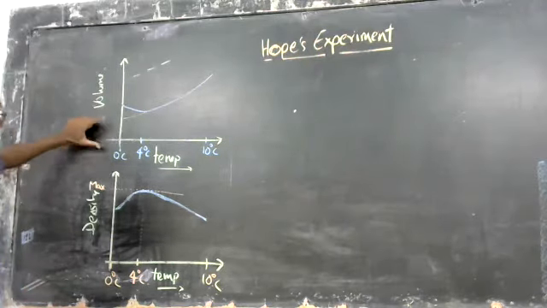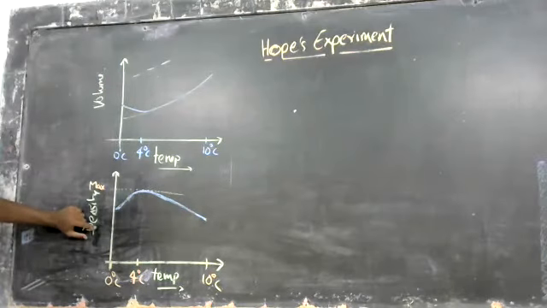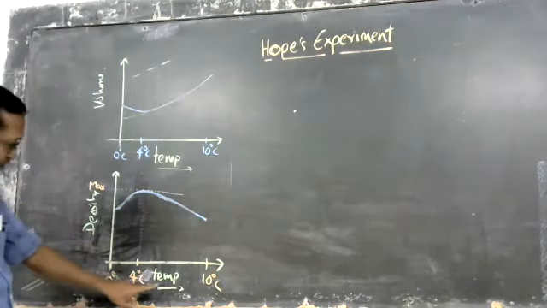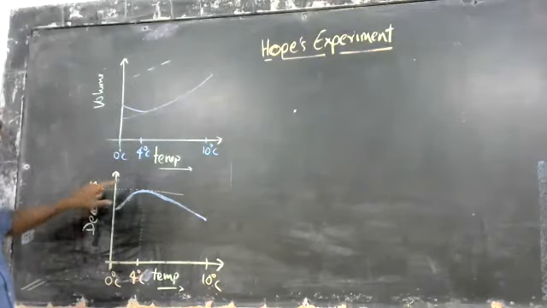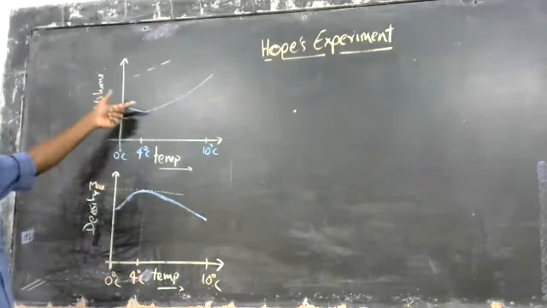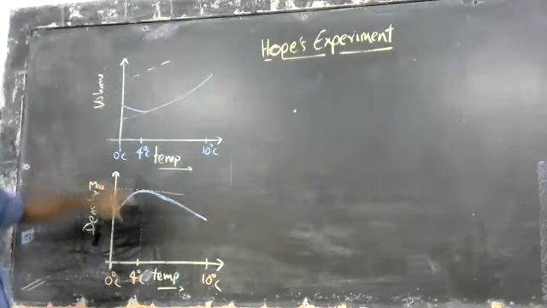But to understand Hope's experiment, you need a companion graph. So the companion graph, as I call it, would be temperature versus density. And the temperature versus density would be the mirror of the temperature versus volume. So that's why I drew it up and down.